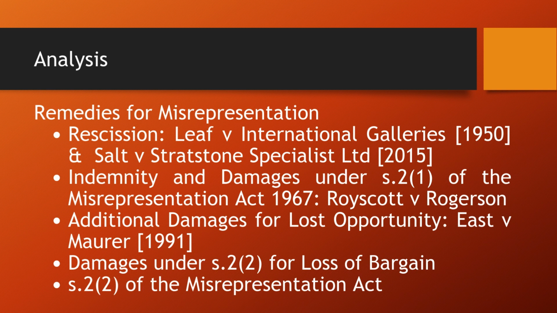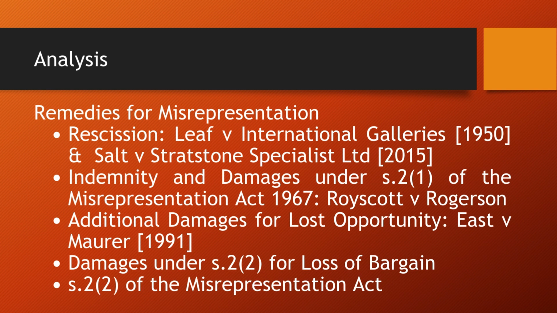The second one is indemnities and damages under Section 2(1) of the Misrepresentation Act 1967. Carey may seek damages for losses directly arising from the misrepresentation under Section 2(1), which provides damages as if the misrepresentation were fraudulent.